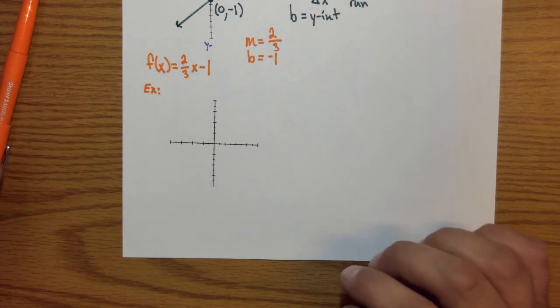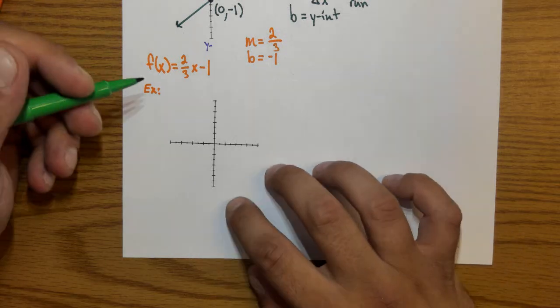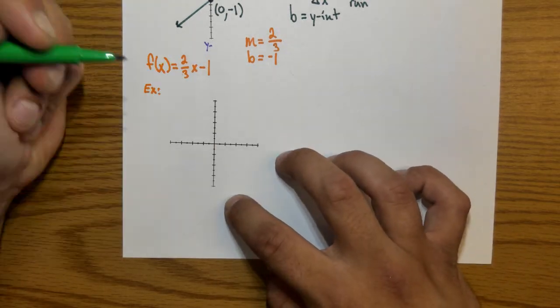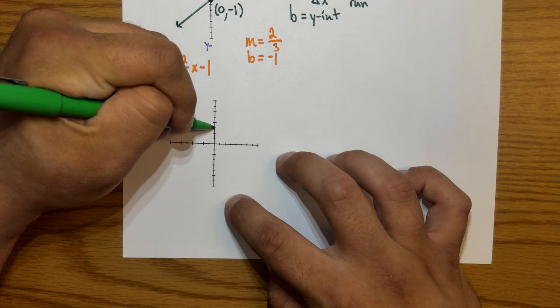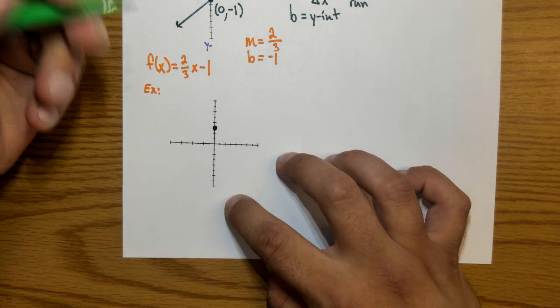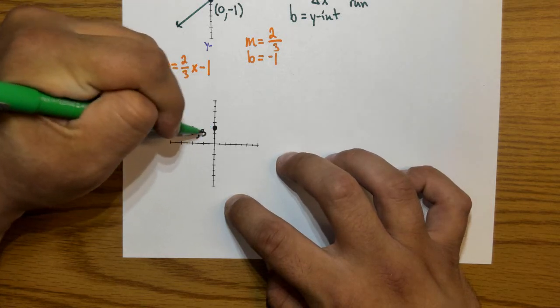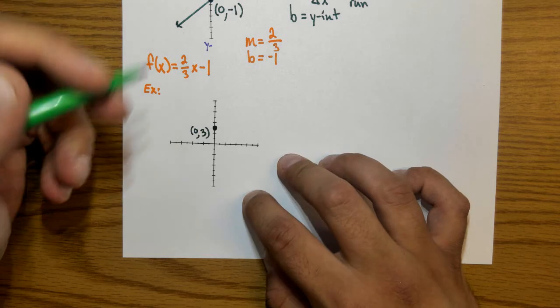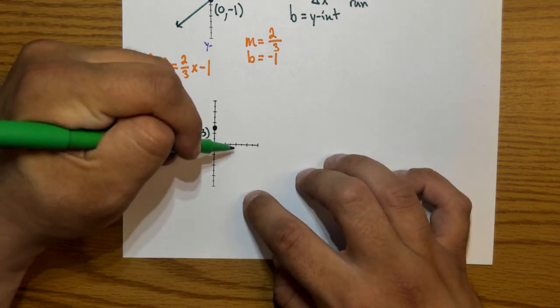And let's say my 2 points in this case, I have one at 0, 3. And then I have another one way down over here at 4, negative 2.